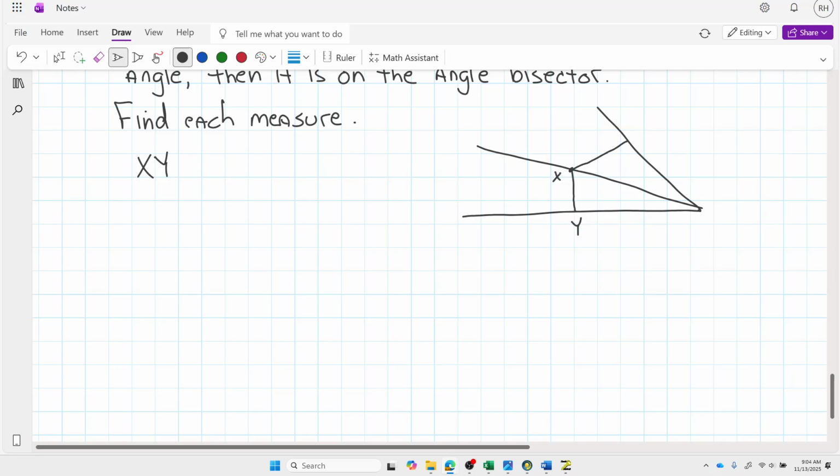Here's X, here's Y. Both of these angles are 41 degrees. So if those two angles are the same, then this ray coming out of here, ray ZX, what's that called? It's an angle bisector. And any point on the angle bisector is the same distance from the sides of the angle. So if this distance here is 2, how far is it from X to Y? 2, good.